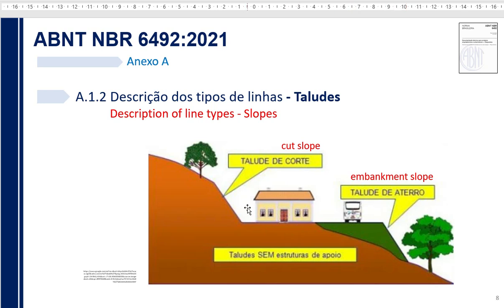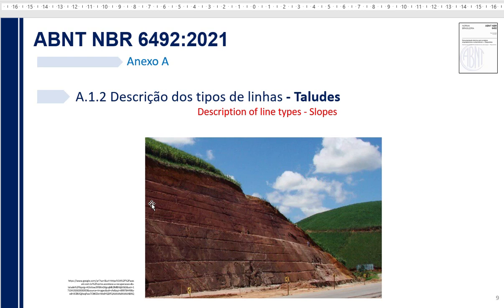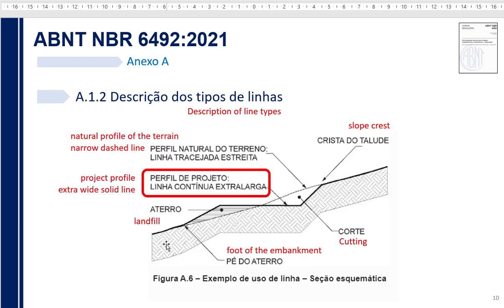How could I represent this kind of slope in a technical drawing? Here we have a real example of a slope, and here the representation in technical drawing of the kinds of lines we use in slopes. Here we have a landfill, and the natural profile of the terrain appears here.